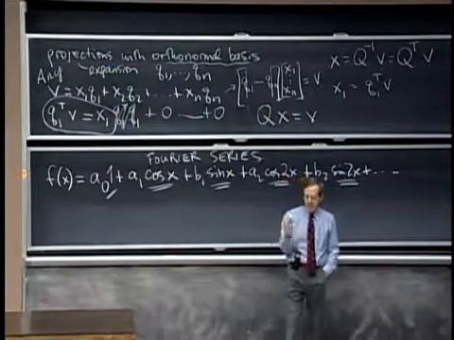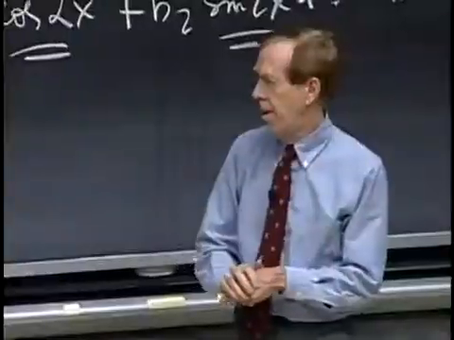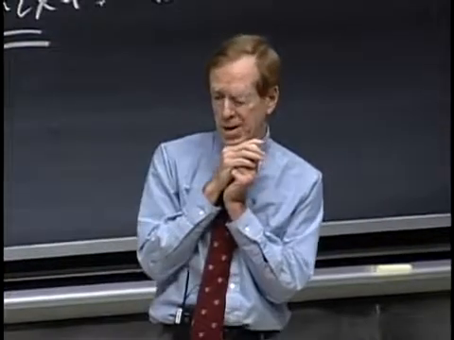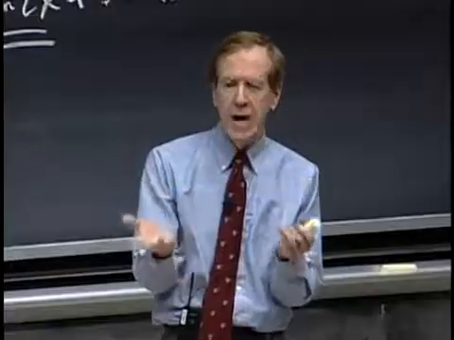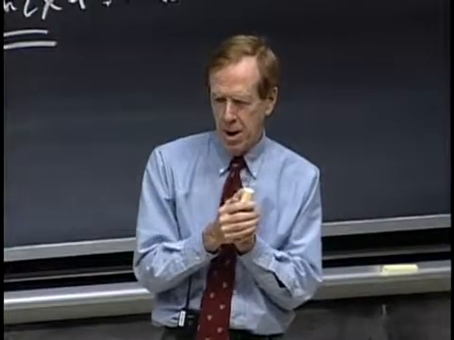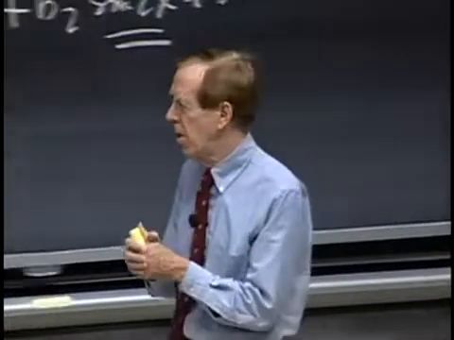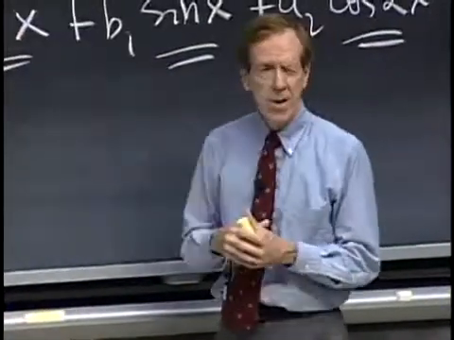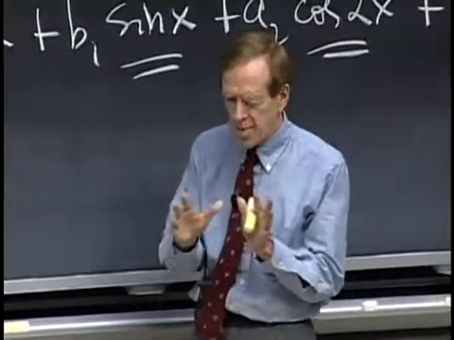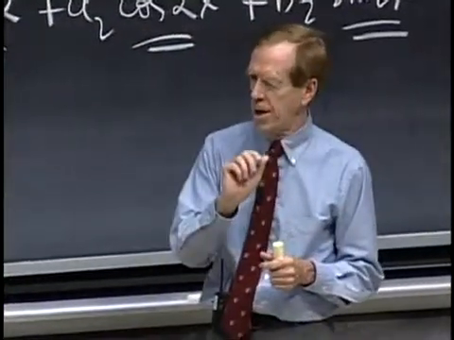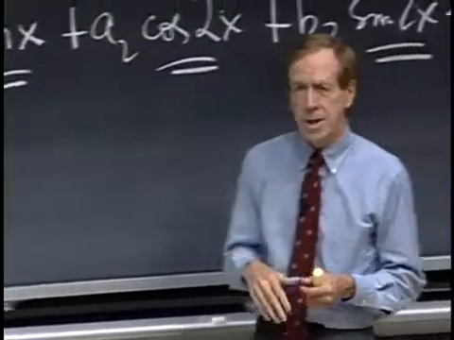And the reason Fourier series is a success is that those are orthogonal. Okay, now what do I mean by orthogonal? I know what it means for two vectors to be orthogonal. y transpose x equals 0, right? Dot product equals 0. But what's the dot product of functions? I'm claiming that whatever it is, the dot product, or we would more likely use the word inner product, of, say, cos x with sine x is 0.